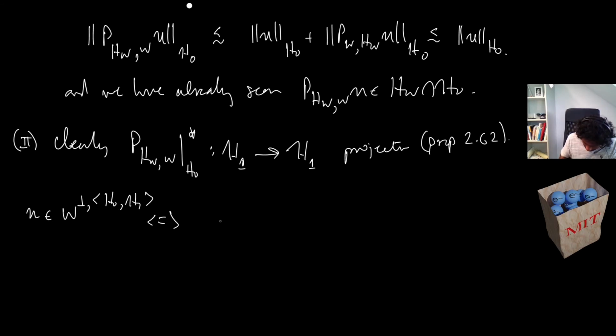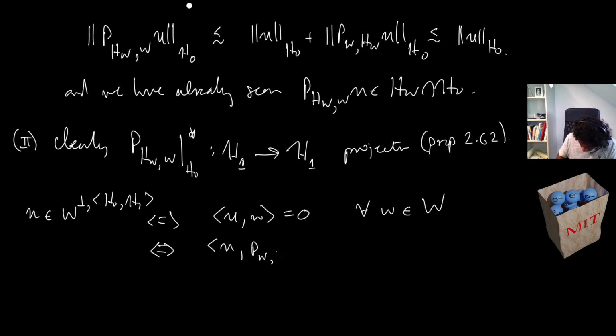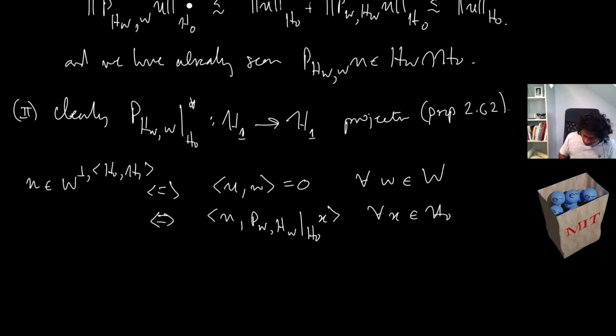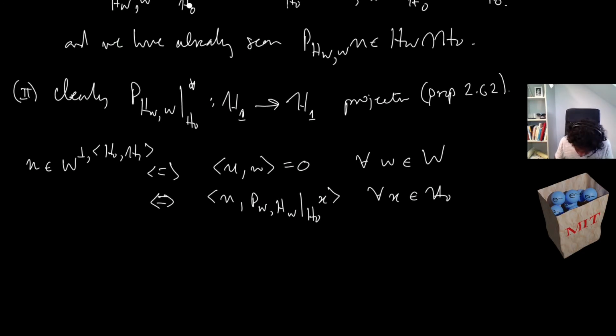That means that U(W) is 0 for all W in the space W. And this happens if and only if U(P_HW restricted to H naught X) is 0 for all X in H naught. Okay, because that's the range of that map.